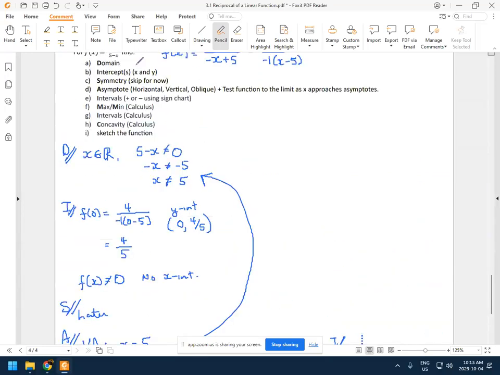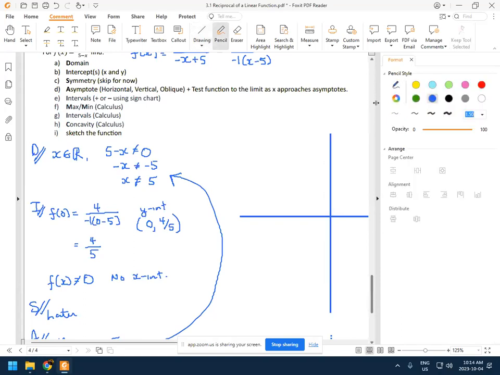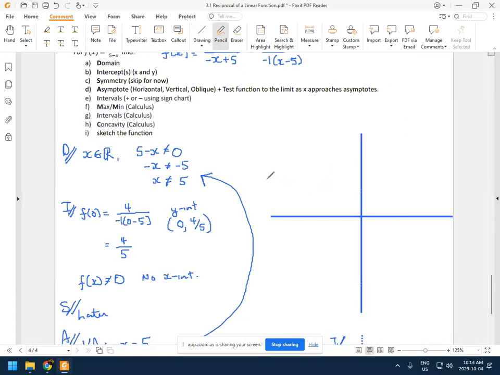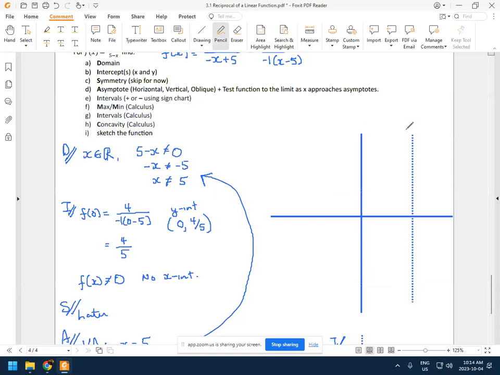So if I were to draw, all right, where is my, okay, vertical asymptote is at 5. Let's say that is dotted. Y-intercept is 4/5.